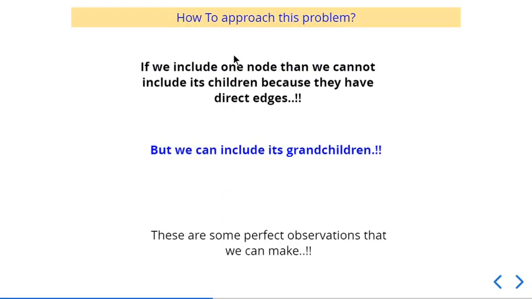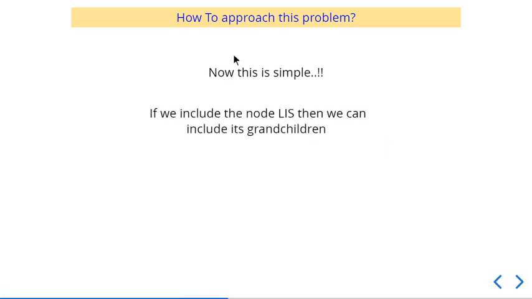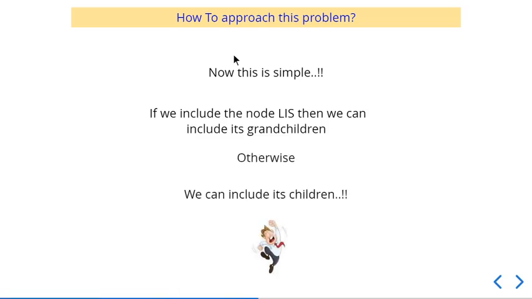Now, what are the other observations that we can make? These are the perfect observations that we can make. Now, that is simple. If we include the node in the LIS, then we can include its grandchildren. First thing is very clear. Now the second thing is, otherwise we can include its children. So these are the two observations.